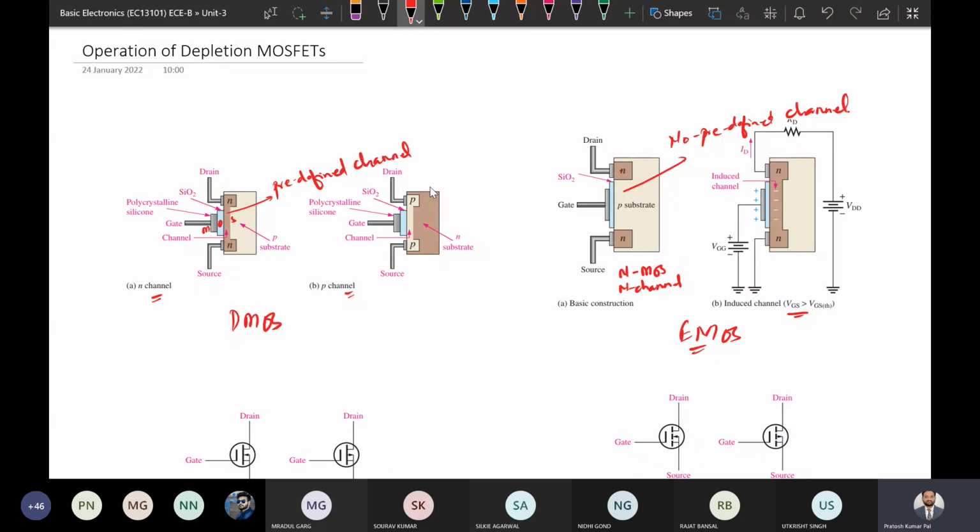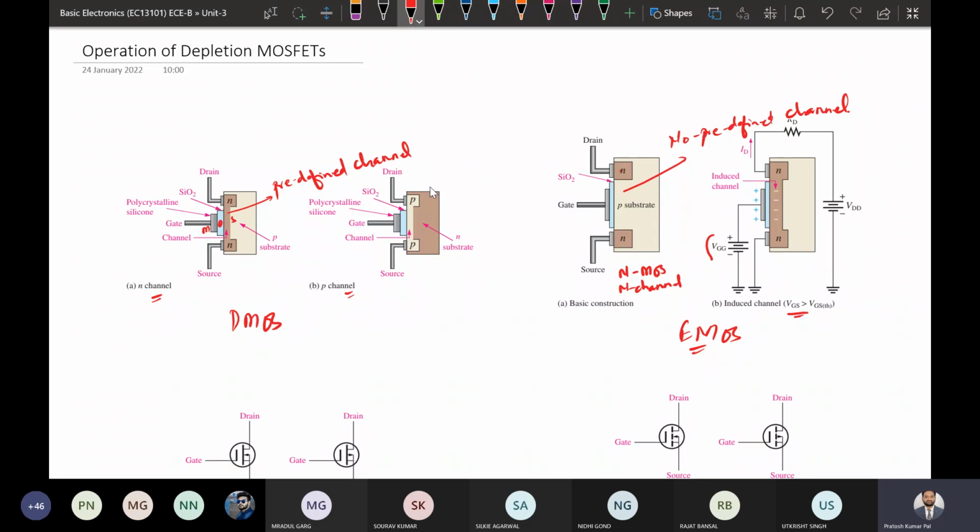In the substrate itself, near this oxide, there will be an accumulation of electrons. This accumulation depends on the applied VGG or gate to source voltage. Whatever gate to source voltage we apply, the electrons near this oxide region increase, and that induces a channel.